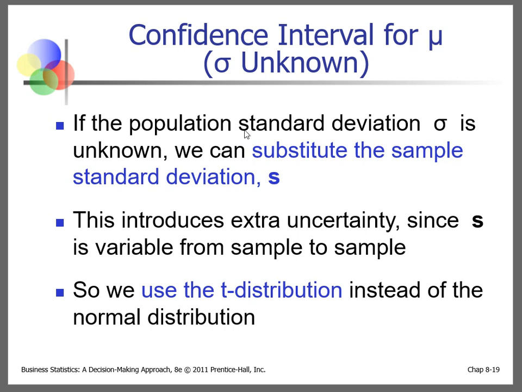Now, if the population standard deviation is unknown, we can substitute the sample standard deviation instead. But this introduces an extra uncertainty, since the sample standard deviation varies from sample to sample. So we use the t distribution instead of the normal distribution.